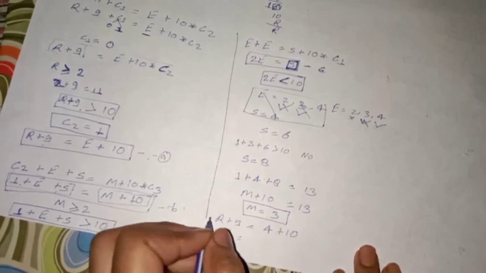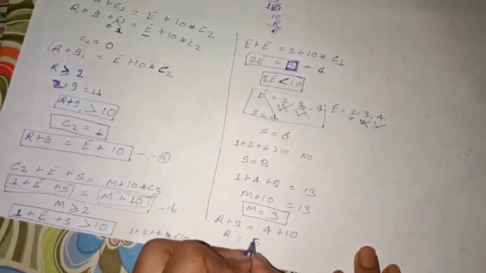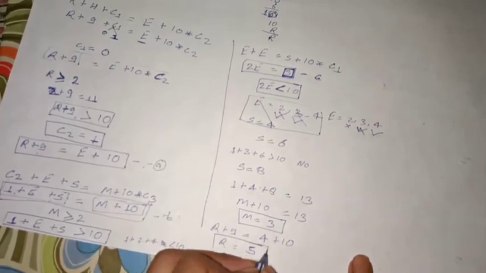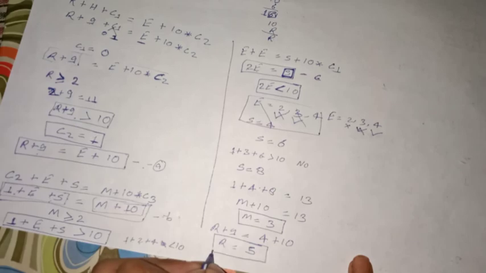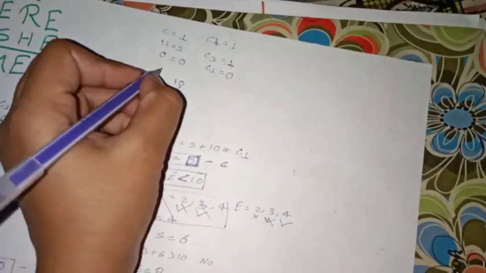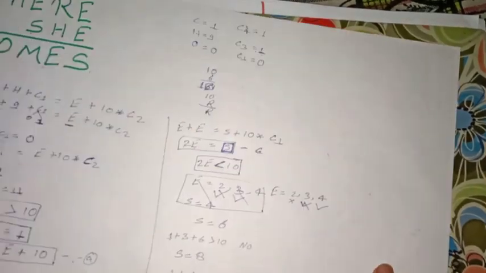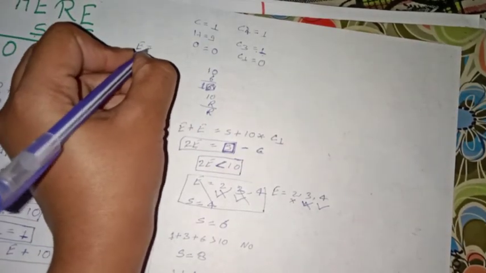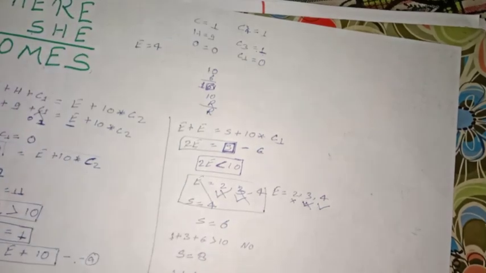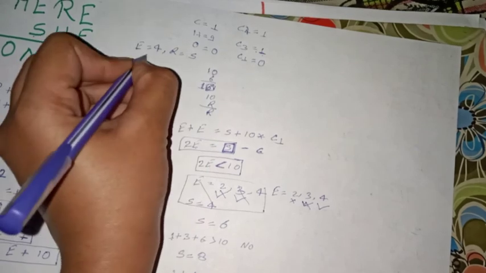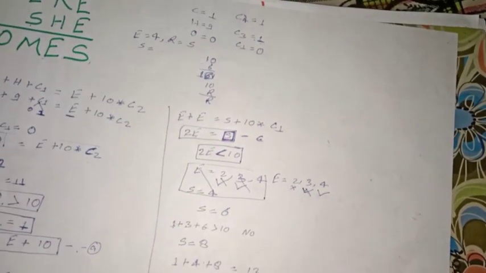Then we got R equal to 5. Now here we write all the values, that is E equal to 4, R equal to 5, S is equal to 8.